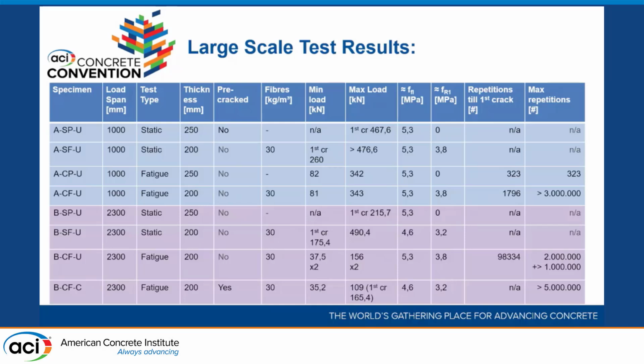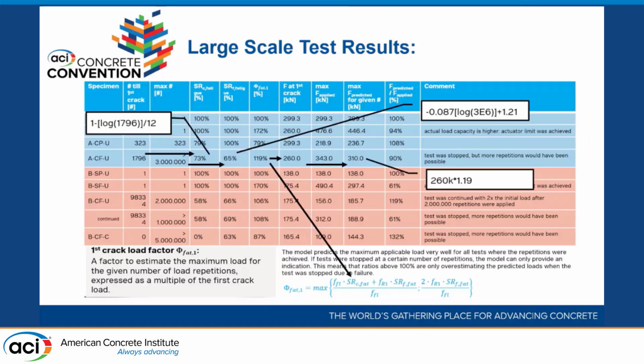So I'll show you how that is used with the methodology. This looks a little complicated, but it's really not. Here's the number of repetitions until first crack. You take that 1796, plug it into that equation, and you get this stress ratio of 73%.